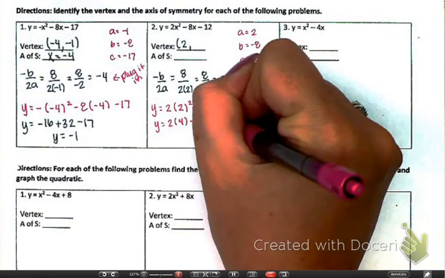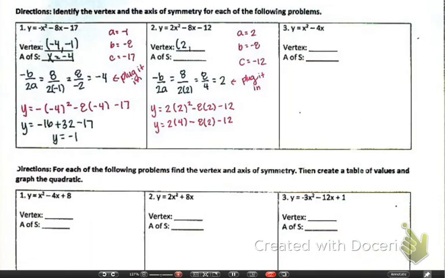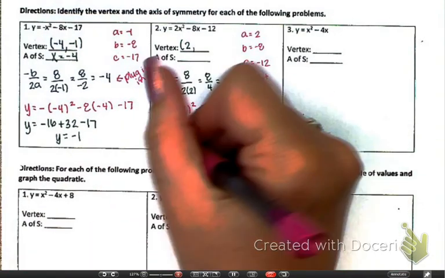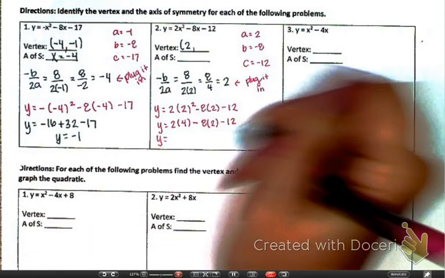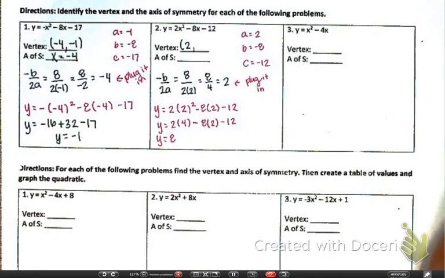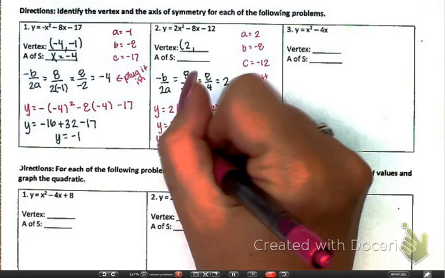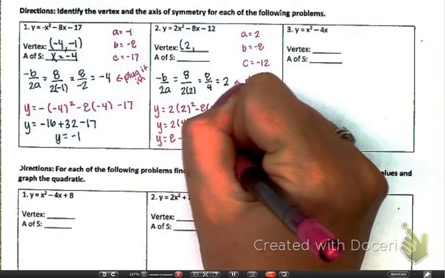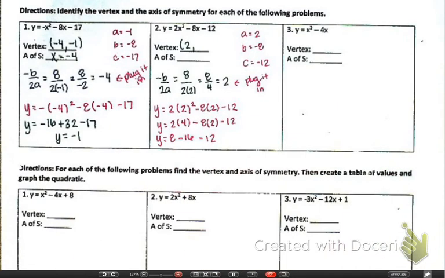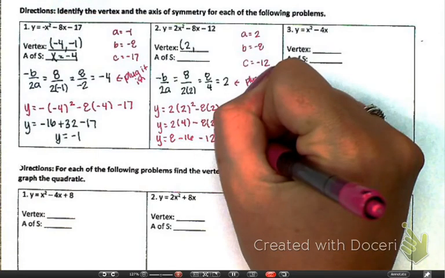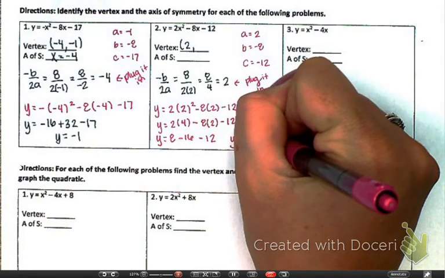Okay, 2 times 4 is 8. Negative 8 times 2 is negative 16, minus 12. Okay, so 8 minus 16 is negative 8. Negative 8 minus 12 is negative 20.